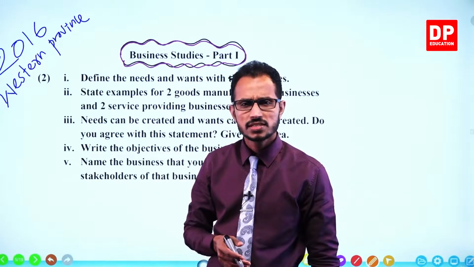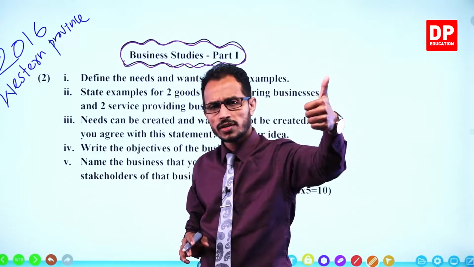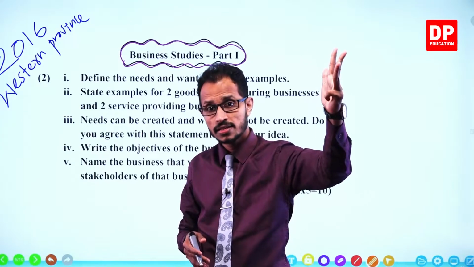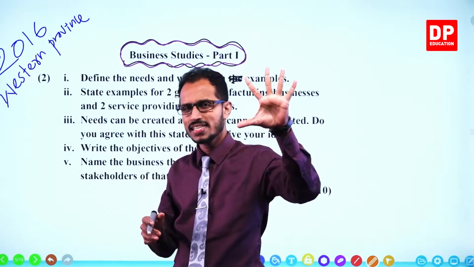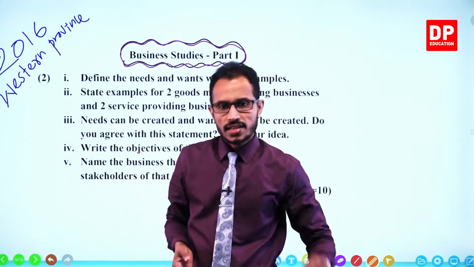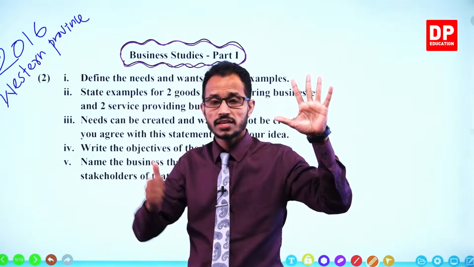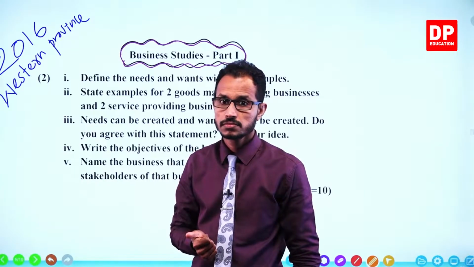You have to memorize these things. There is no other option. Food and water, food, clothing, shelter, health, and security. Those are the 5 basic needs, and there are more in the list, like communication, transportation, education.